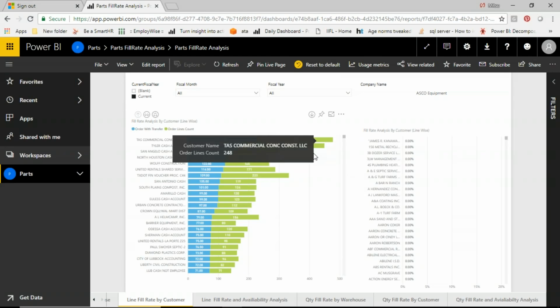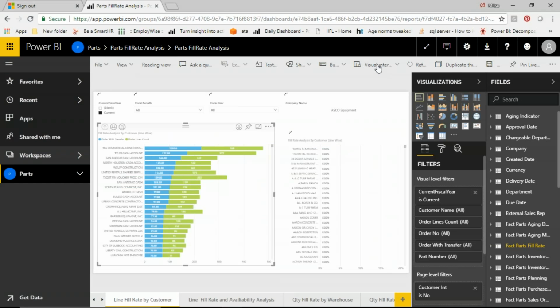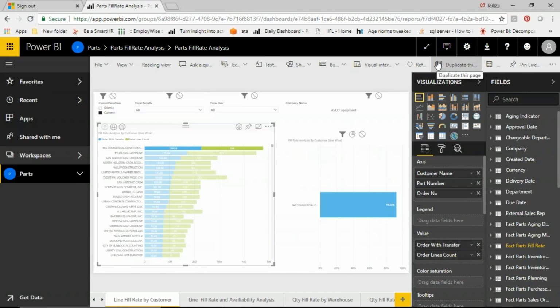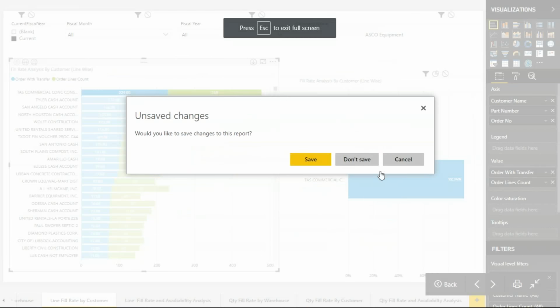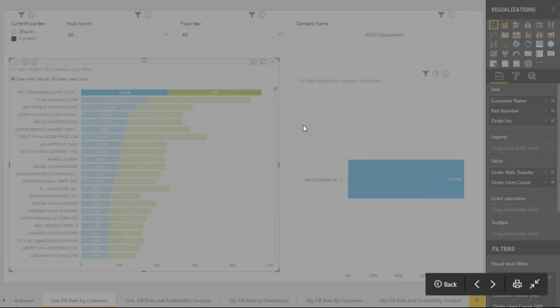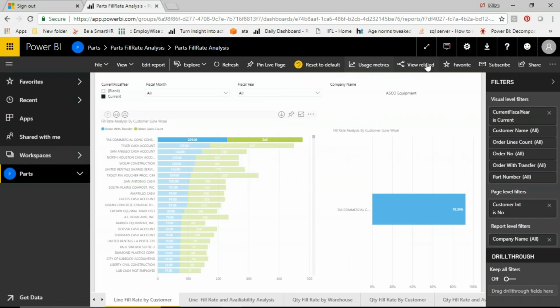Okay, so now when I tap on this particular customer, it tells me what my fill rate is for that customer in terms of percentage.